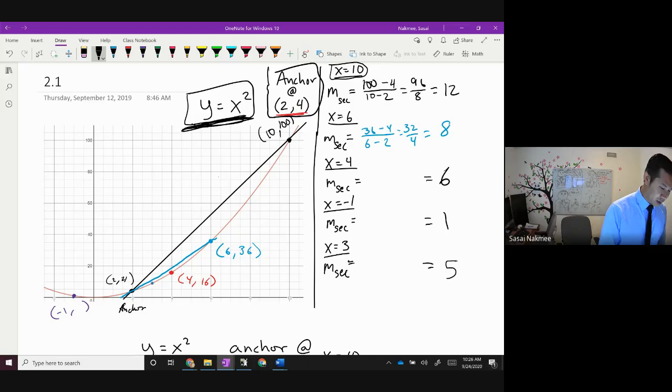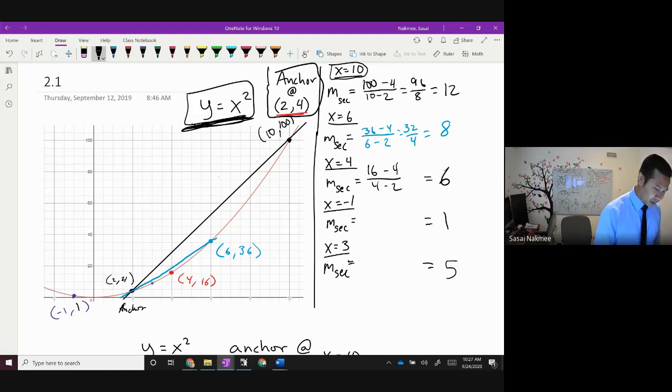So when x is equal to 4, the slope you should have got should have been 16 minus 4 on top, and on the bottom 4 minus 2, if that is the right anchor point I'm looking at here. And then for x equals -1, if I plug that in, the point should be -1, 1.